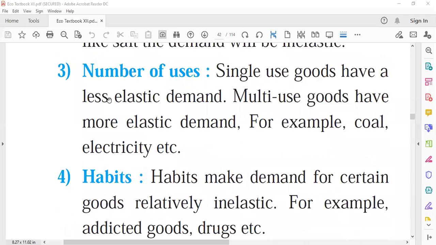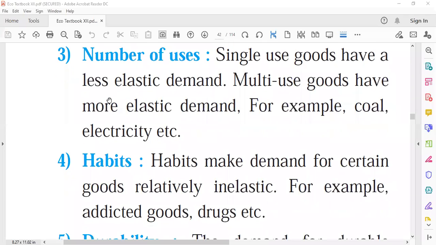Further, elasticity also depends upon the number of uses. If the commodity is a multi-purpose commodity, the demand will be highly elastic.